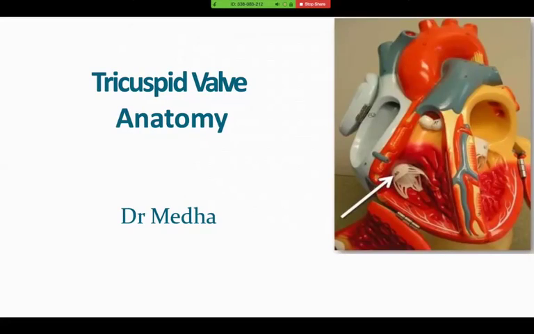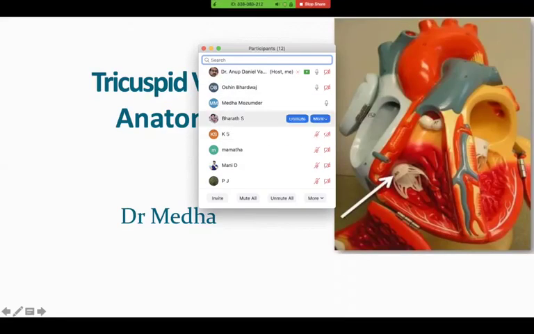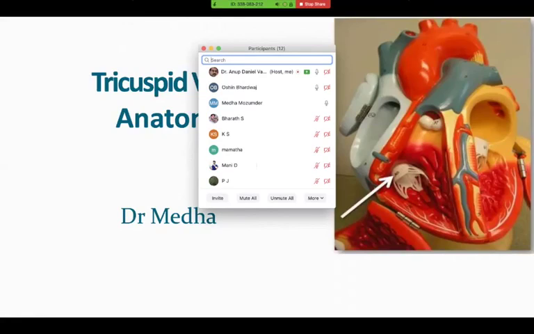Medha, you'll have to join the audio as well from your screen. We can't hear you. Medha, are you audible to us? Hello.